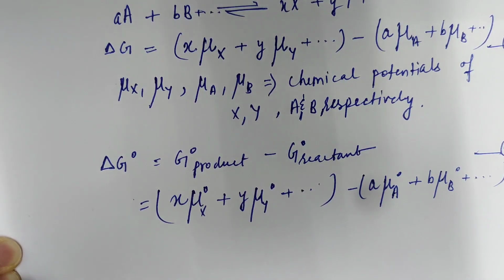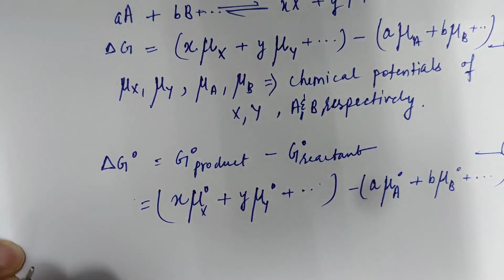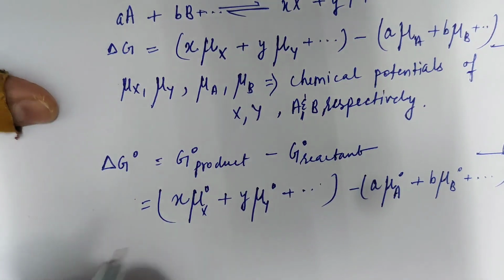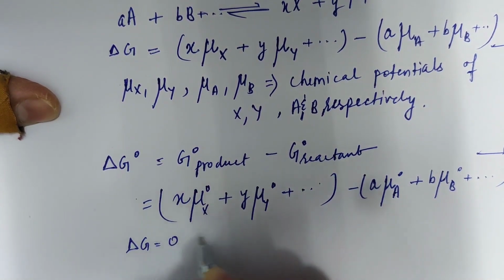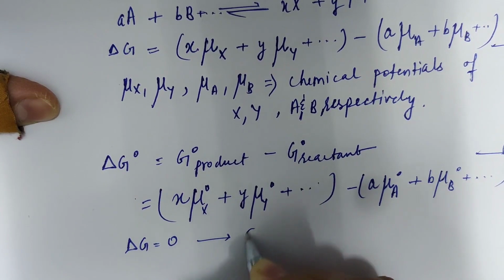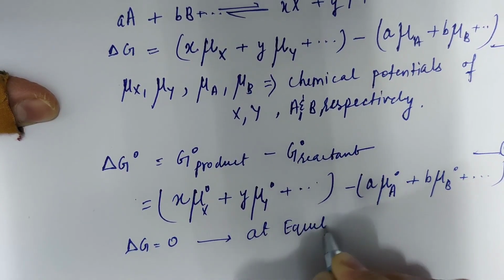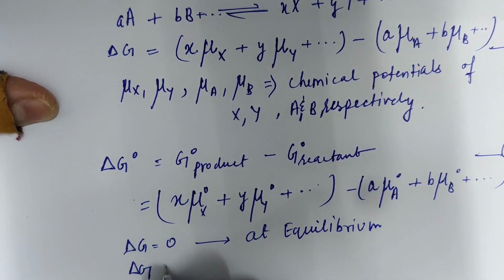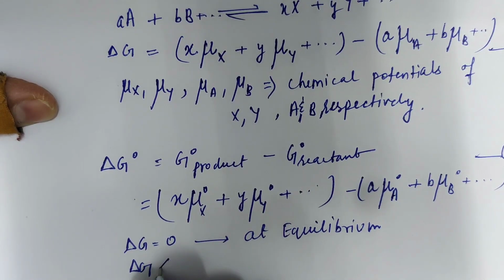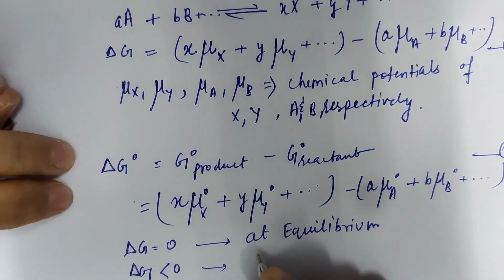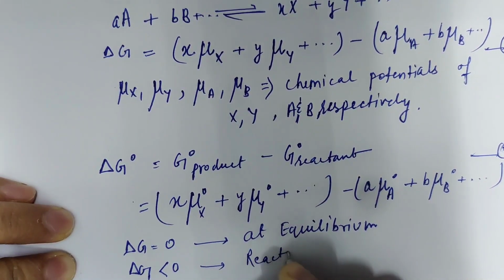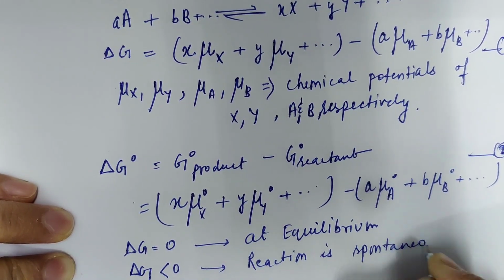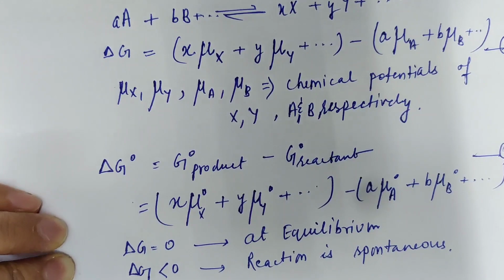So there were two things: delta G is equal to 0 at equilibrium, and delta G is less than 0 means the reaction is spontaneous. All right.